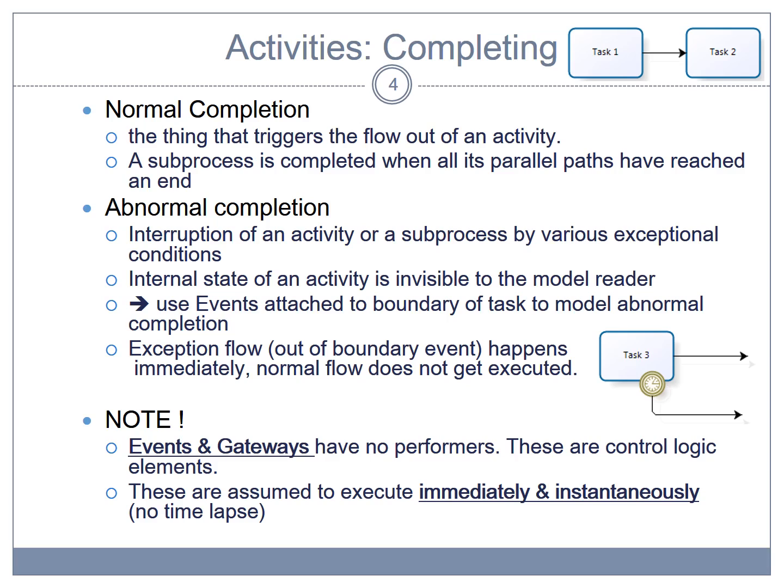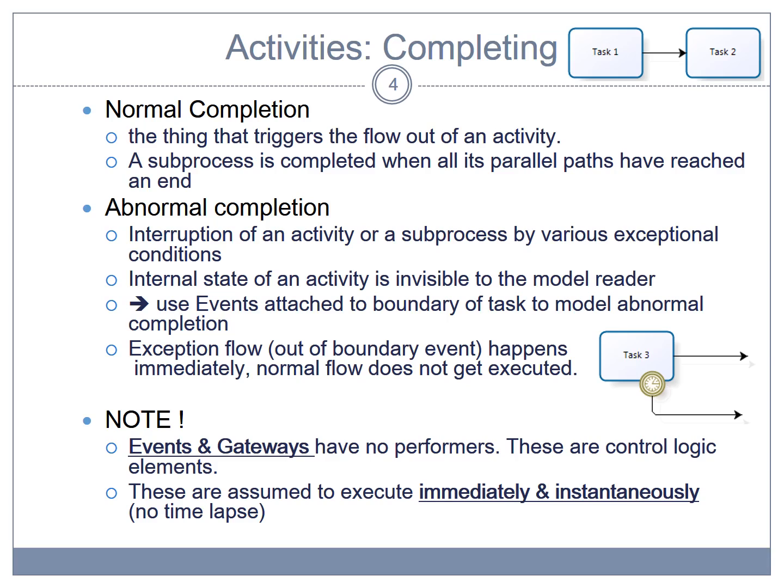We'll come back to that one later on. That's the normal completion. You can also have the abnormal completion of a task. So the task or a subprocess can also be interrupted by various exceptional conditions. These exceptional conditions need to be modeled explicitly.